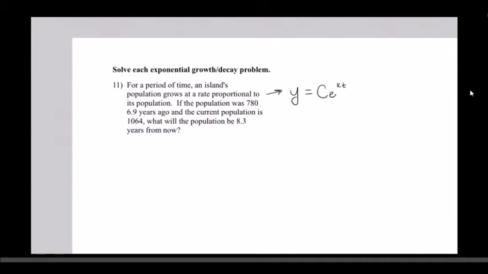Now in order to solve for k, we need to know three of the other variables. We need to know y, we need to know c, and we need to know t.